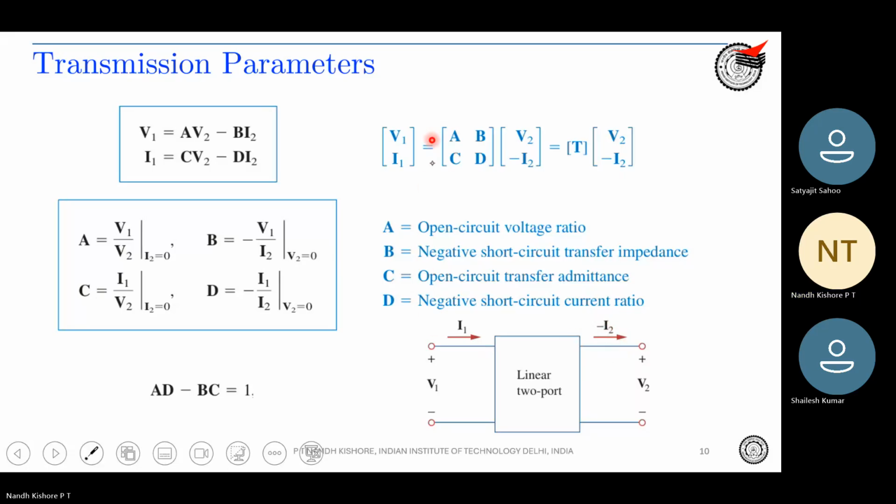So V1, I1 is equal to ABCD into V2, minus I2, obviously because of the direction of the current. And again, you can define what's A, B, C, D based on this definition. And for reciprocity, if it has to be a reciprocal network, you need to have AD minus BC equal to 1. That is your condition for reciprocity.